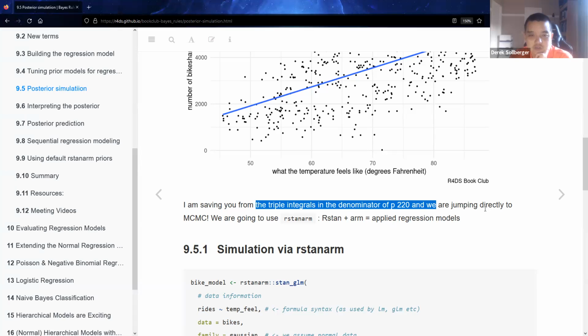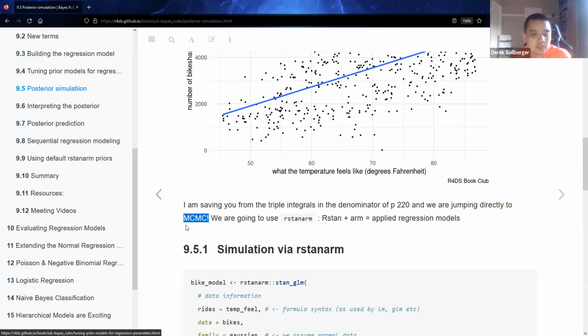And the normalization using the triple integrals, because 3 parameters, would be quite a lot. So we're going to instead model things with Markov chain Monte Carlo methods. And that is featured in the rstanarm package, where arm is applied regression models.